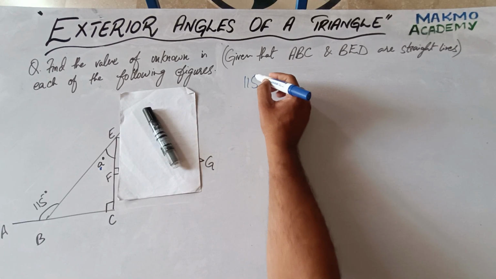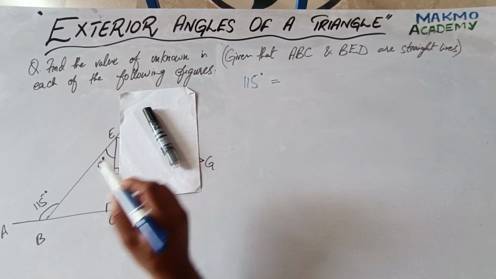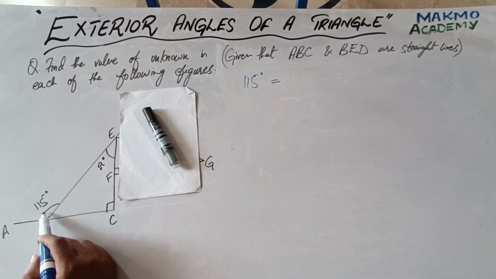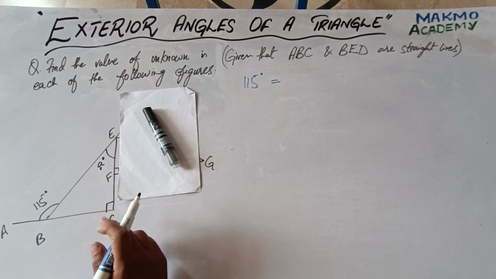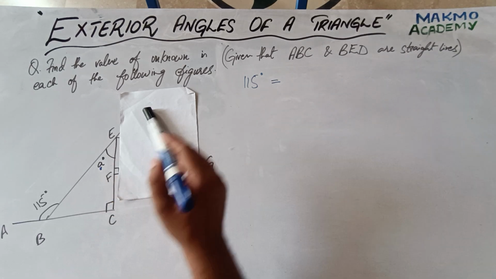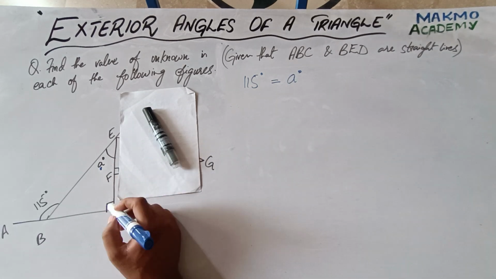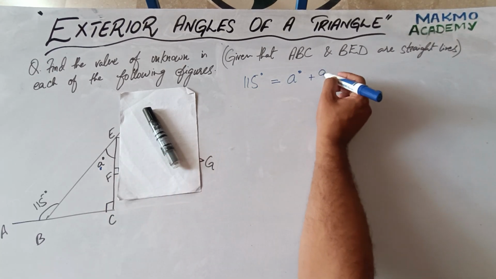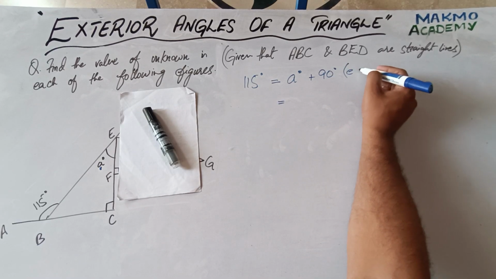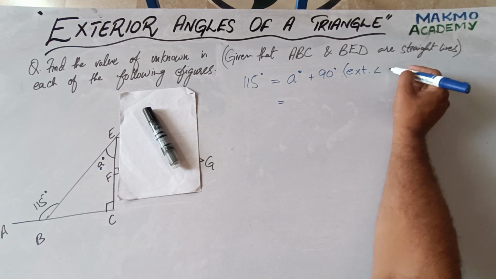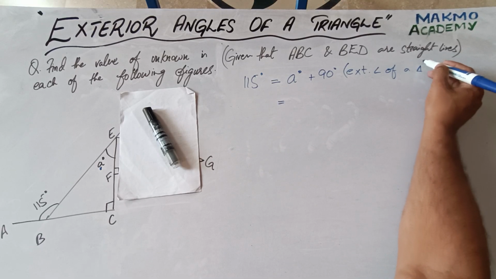So 115 is equal to the exterior angle. This is the exterior angle with respect to this triangle. So the exterior angle is equal to the sum of its two opposite interior angles. A plus 90, this one is 90 degrees. So if we want to find it out, we will write down the reason: exterior angle of a triangle.